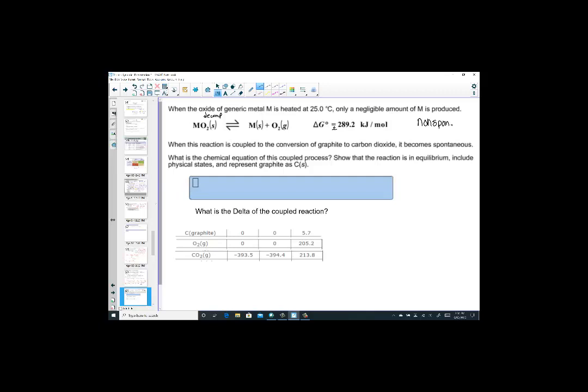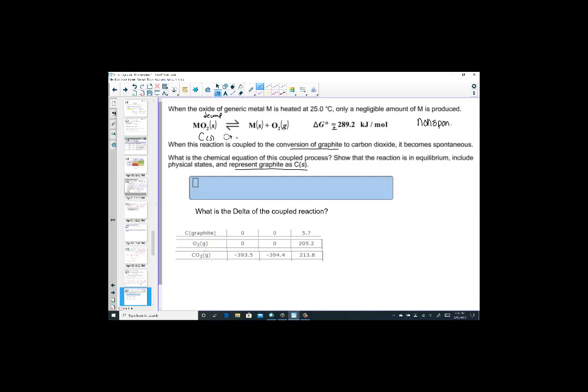However, if we couple this reaction with the conversion of graphite to carbon dioxide, it does become spontaneous. So what does that look like? Graphite, we'll write that as solid carbon. It's telling us to represent graphite as carbon with an S. When it's coupled, it will form carbon dioxide.